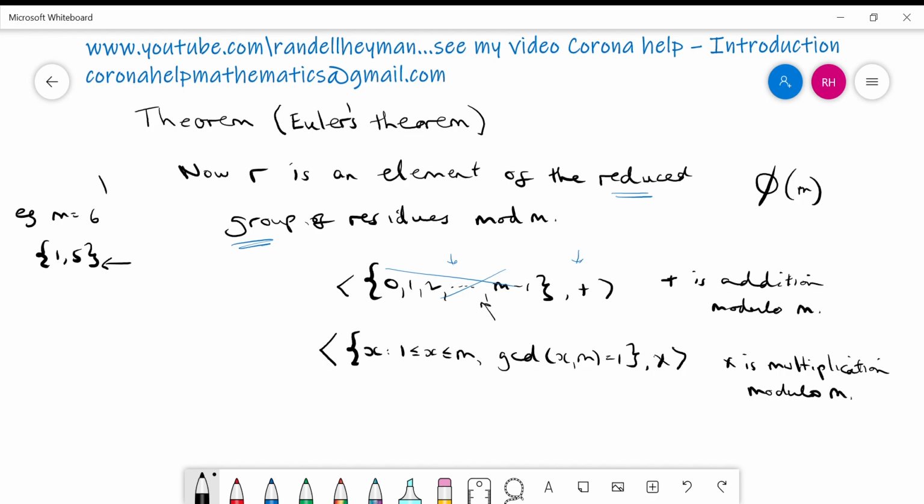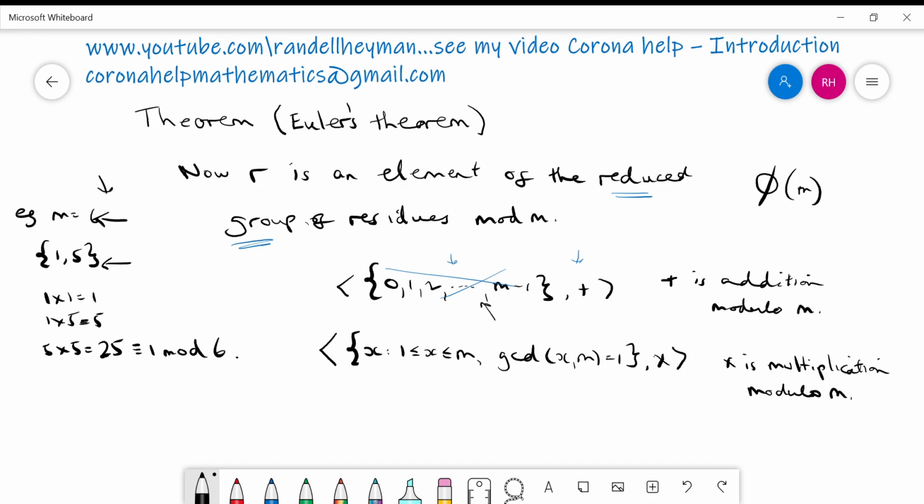So if we go back up to here with our little running example, well, let's multiply these. 1 times 1 equals 1, 1 times 5 is 5, and 5 times 5 equals 25. But remember, we're in modulo 6. So that is equivalent to 1 modulo 6.